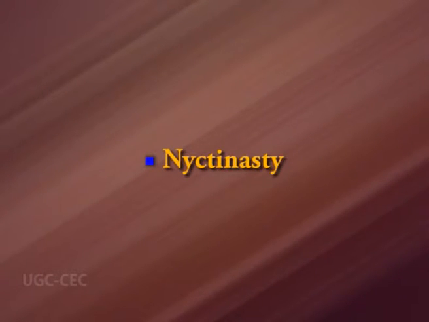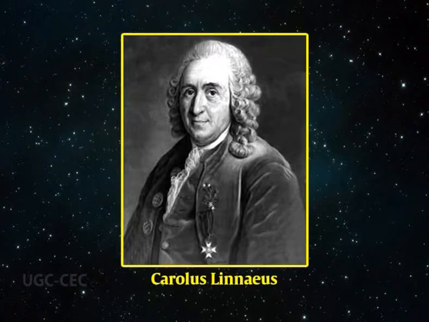Nyctinasty. The scientific observations of nyctinastic movements in plants can be traced back to the Swedish botanist Carolus Linnaeus in the year 1775, who coined the term plant sleep for this phenomenon. And today, these are commonly called sleep movements.